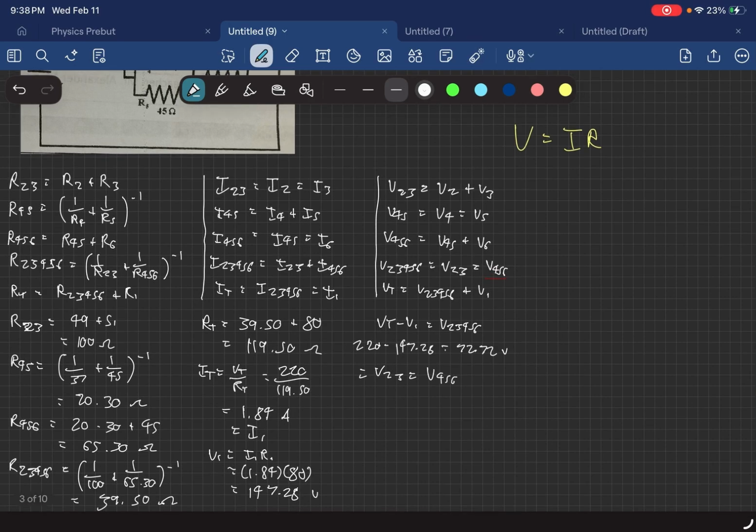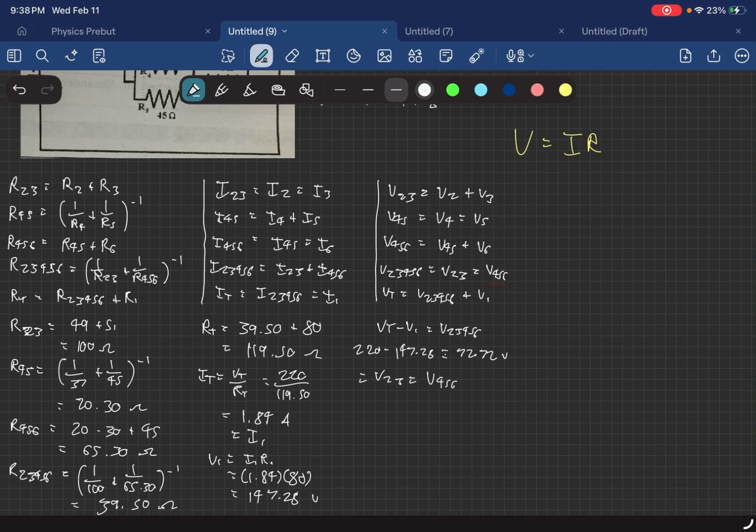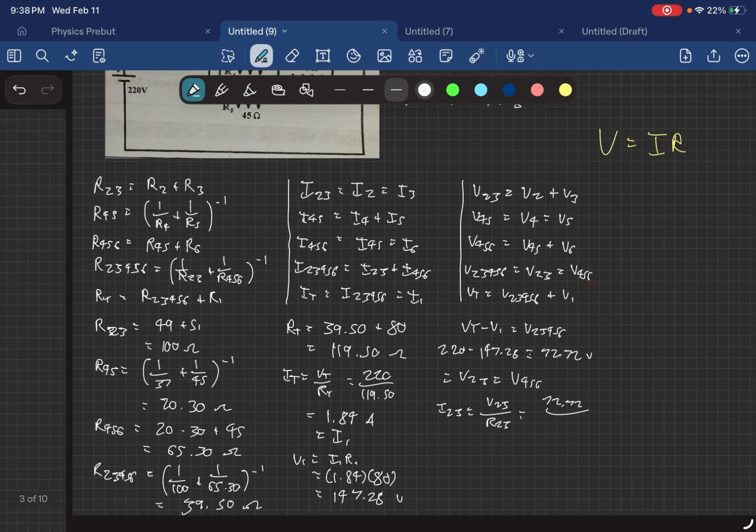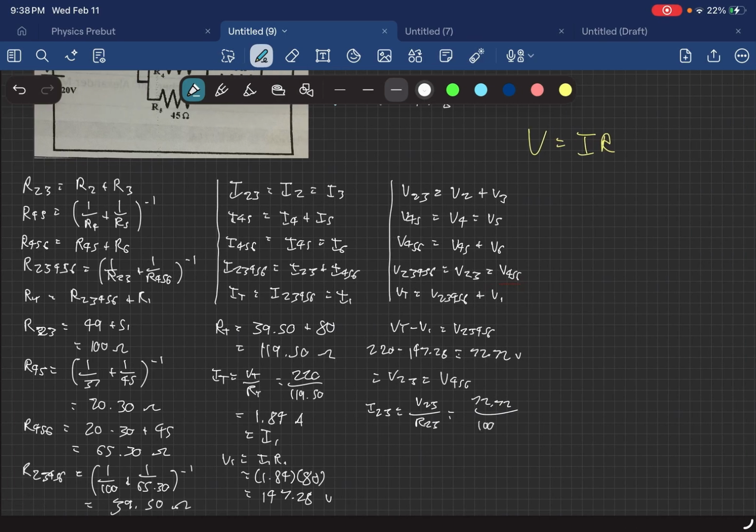So remember what I said earlier, we have our 2-3 values, and so we can get I23. I23 is equal to V23 over R23, and our V23 we just solved for, 72, and our R23 is 100 ohms, and this will equate to 0.73, because remember, if you divide by 100, you just move the decimal point to the left.